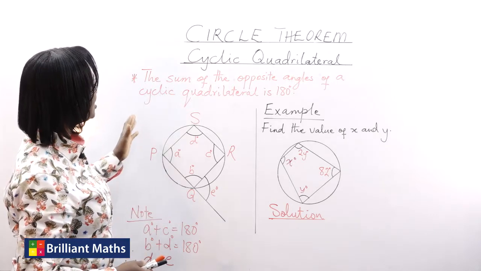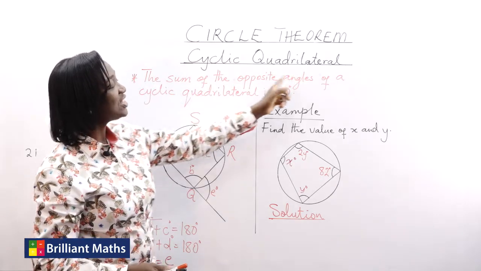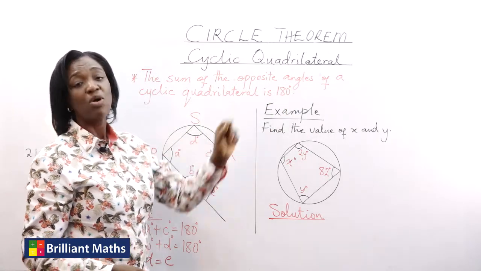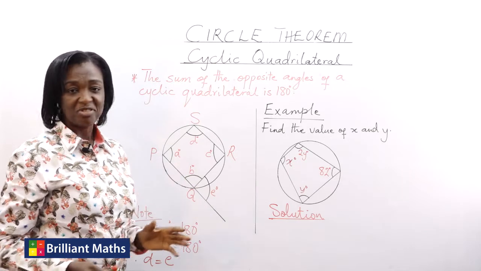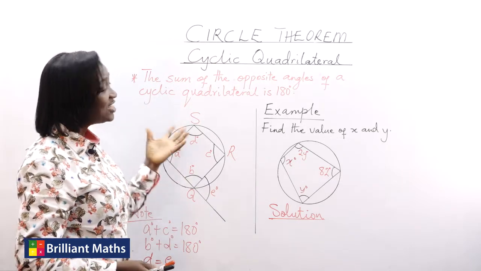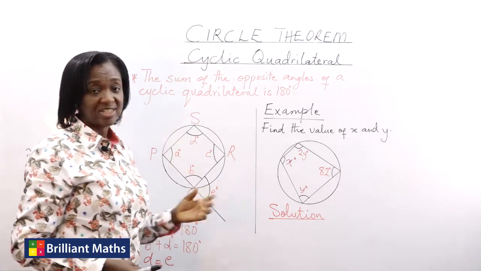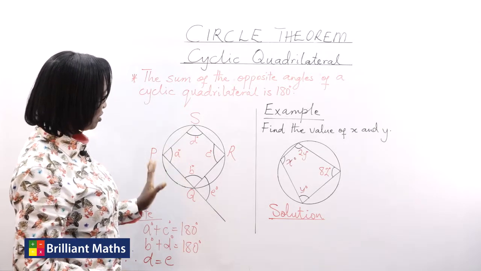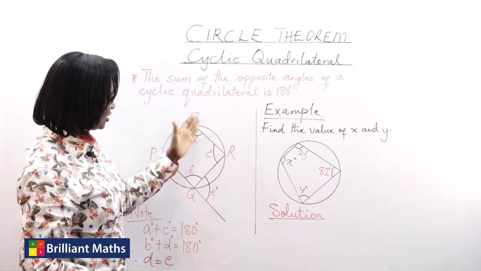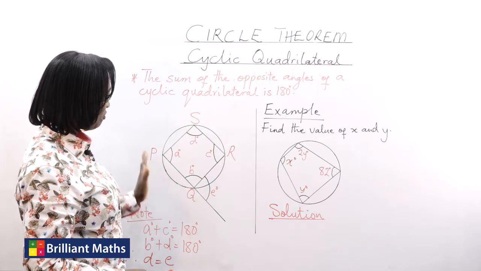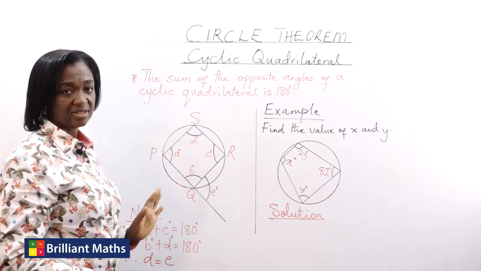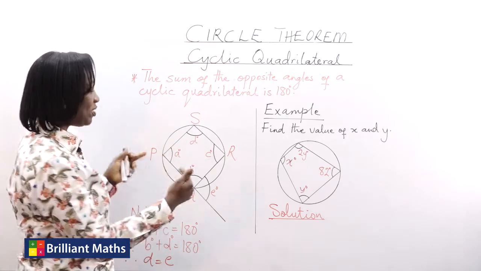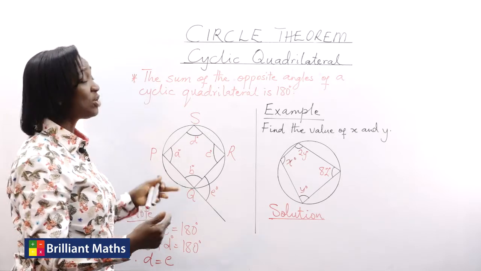So the theorem states that the sum of the opposite angles of a cyclic quadrilateral is equal to 180 degrees. This is a very easy theorem to understand. So we have a cyclic quadrilateral, PQRS, and the angles within it, the opposite angles, are supplementary.